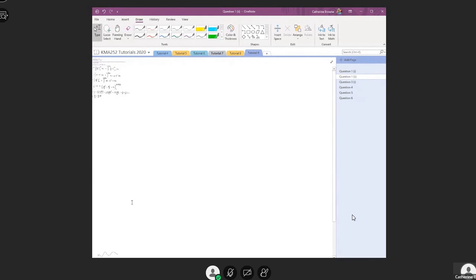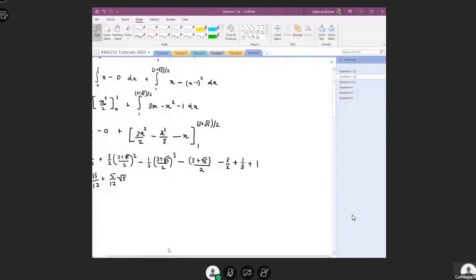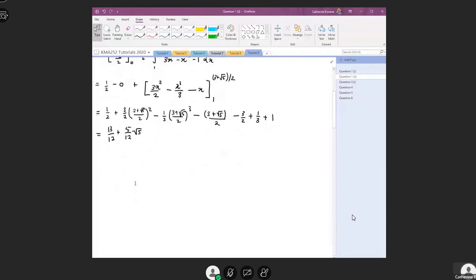And so now we want to do the same again. We want to interpret where the region is, given the limits.